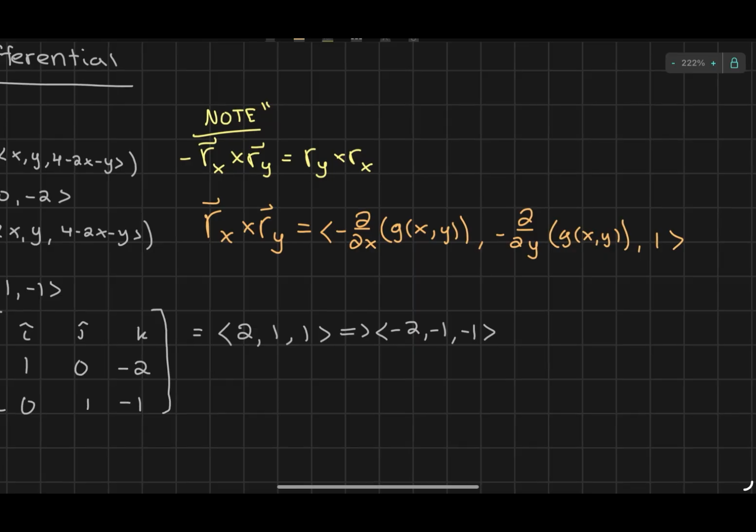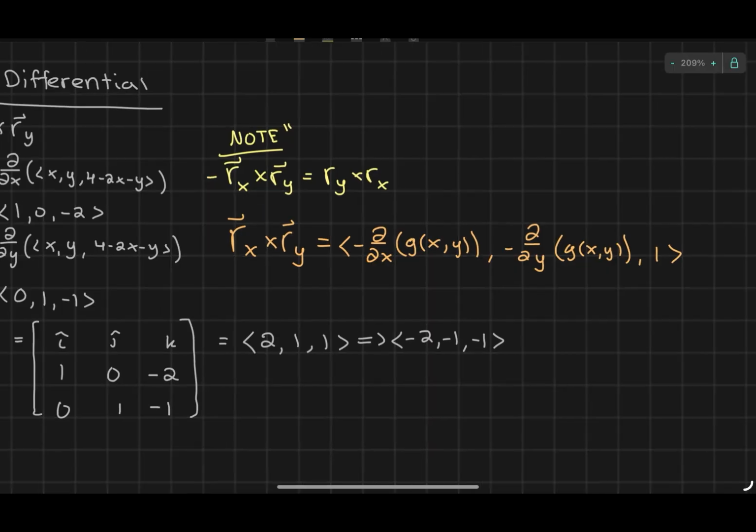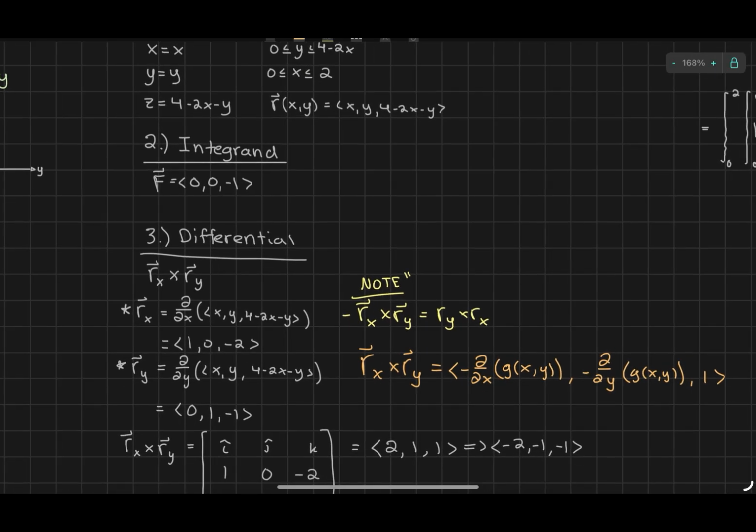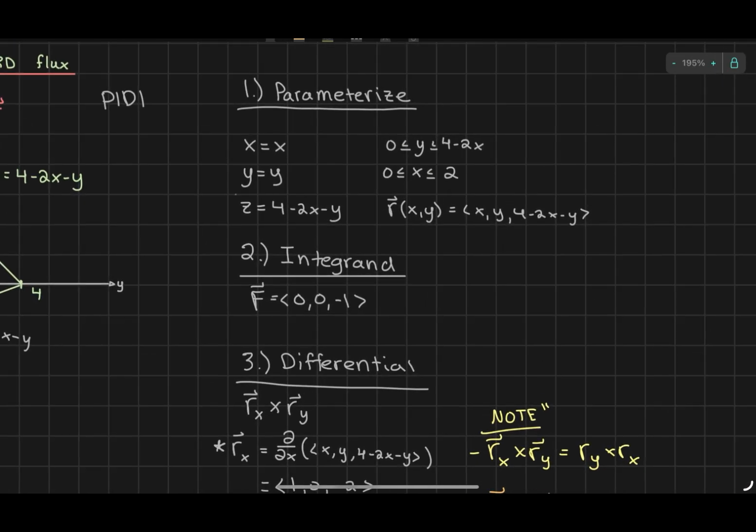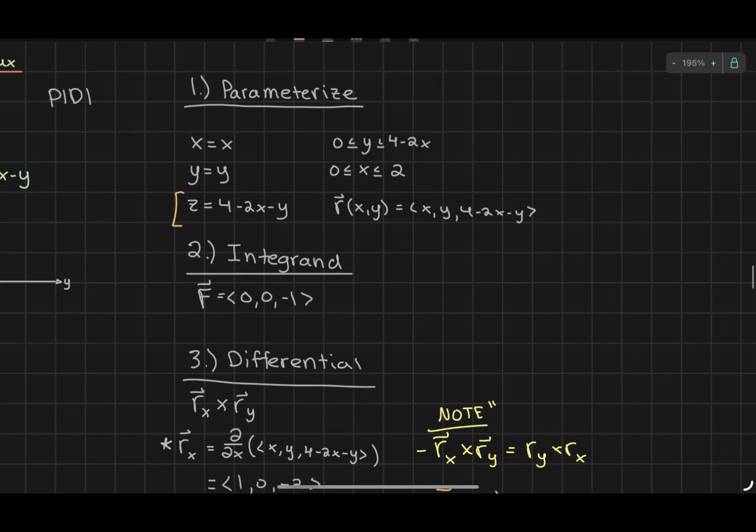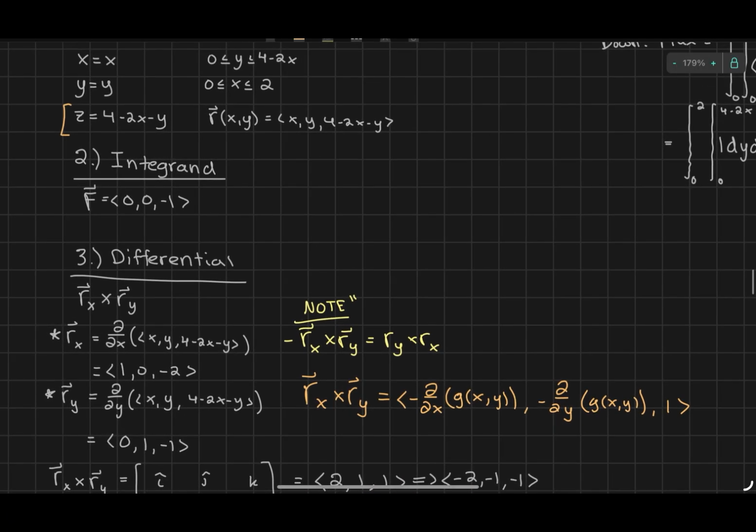And this does always work whenever we have an explicitly defined function. So what that g of xy is, well, that's our explicitly defined function, so that's going to be that z is equal to 4 minus 2x minus y, and let's go ahead and prove that there. If we were to use this shortcut, we would have the negative partial with respect to x of 4 minus 2x minus y, that would be negative 2.